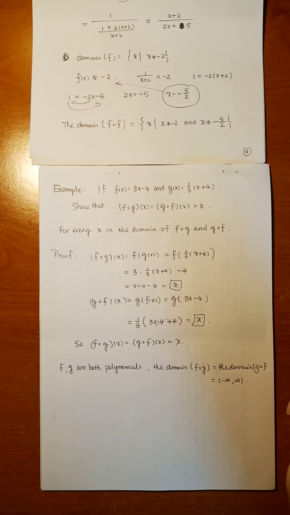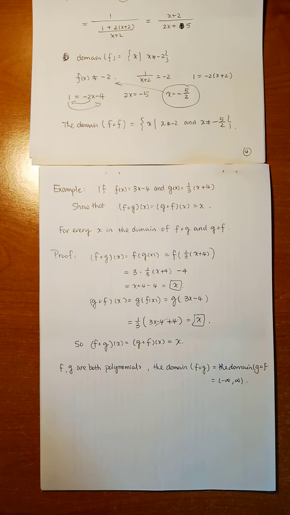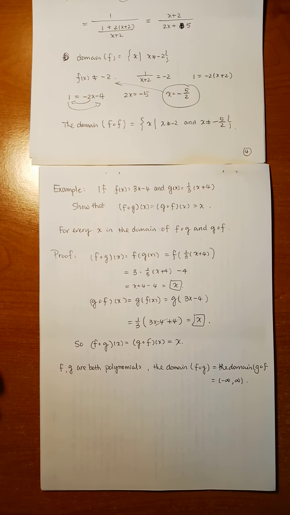They share the same domain. So this is an interesting pair. They share the same domain. f composed with g and g composed with f are equal to each other, and also they are equal to x.